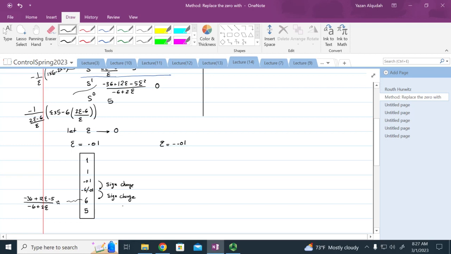Okay, so we're going to do the same thing, but now when epsilon is equal to negative 0.01. So if we do that, we're going to get a 1, we're going to get a 1, and we're going to get negative 0.01, we're going to get 6 over 0.01.